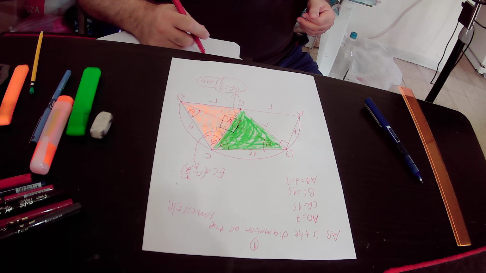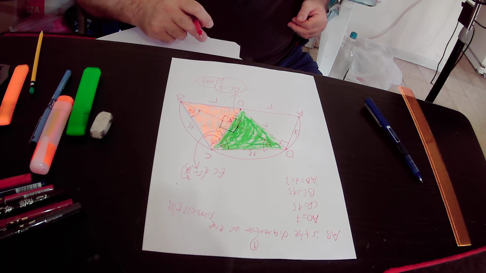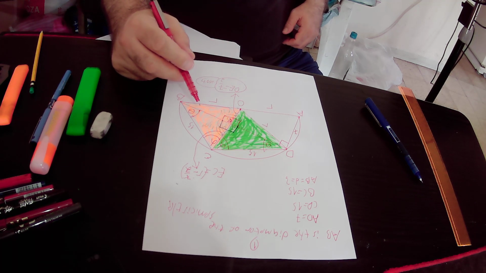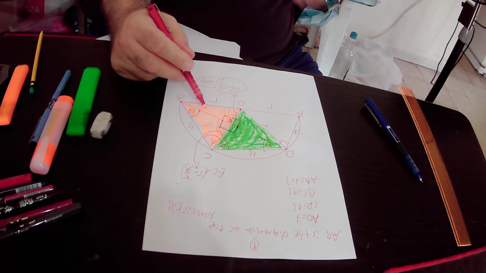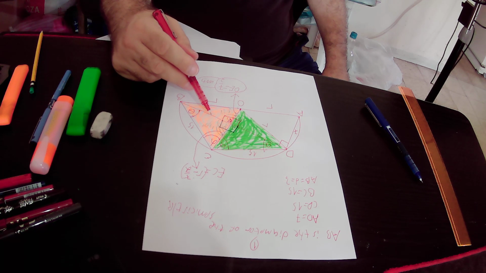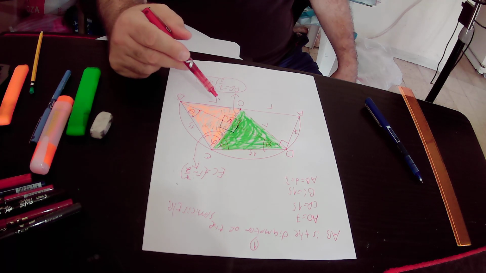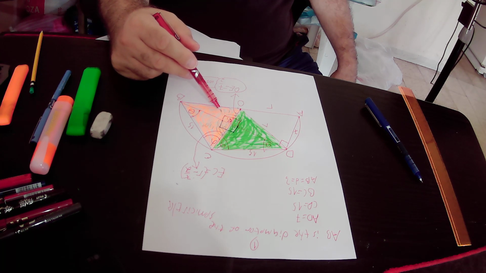So in the next step we will focus on the two right triangles. In the orange color we have triangle CEB, that is a right triangle because angle CEB is a right angle, and we also have triangle OEB that is also a right triangle because angle OEB, this angle, is a right angle.